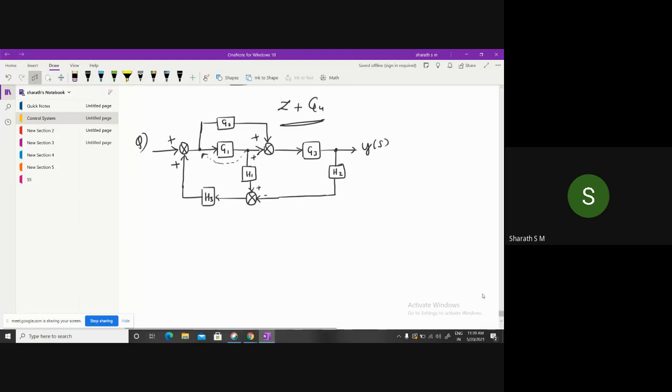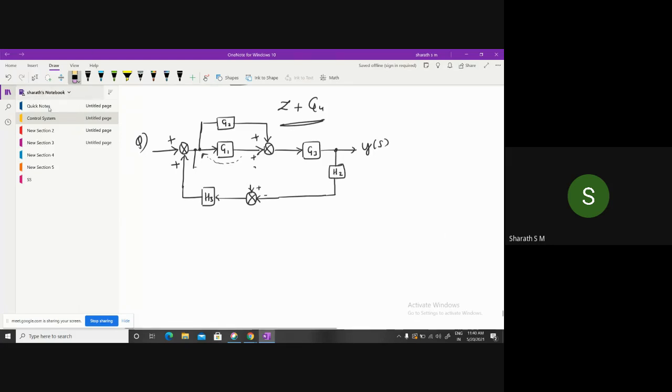So all of you just shift the takeoff point from left to right. Once we shift the takeoff point from left to right, here we need to do some alterations.